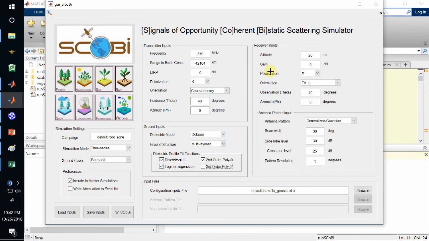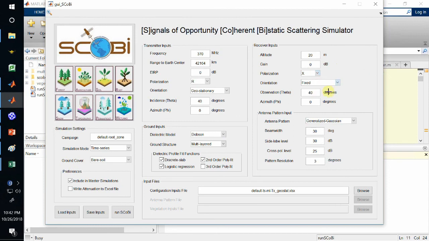The receiver input for the altitude is 20 meters off the ground. Gain is 0. Polarization is vertically polarized, or X polarized in this case. X polarization is perpendicular to the ground, so it's vertically polarized.